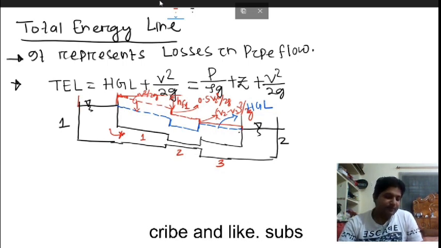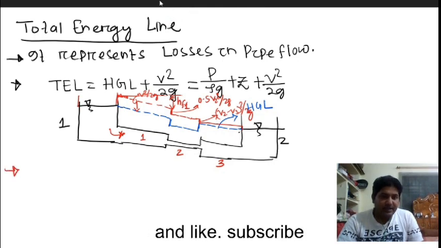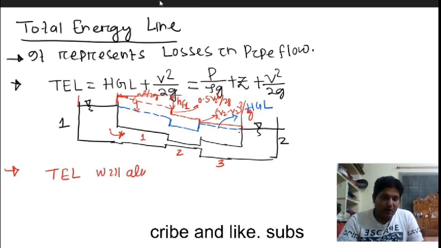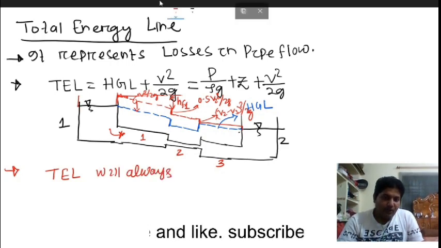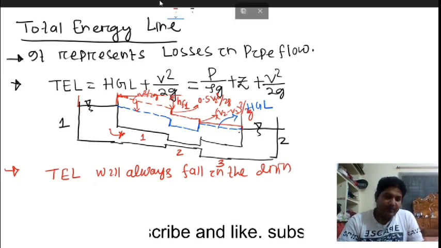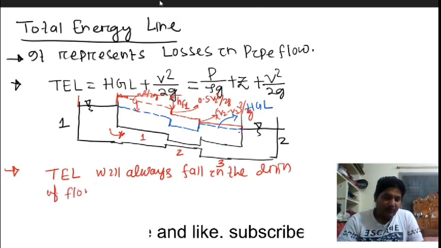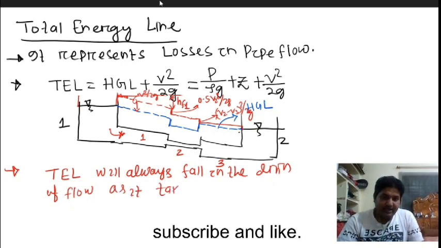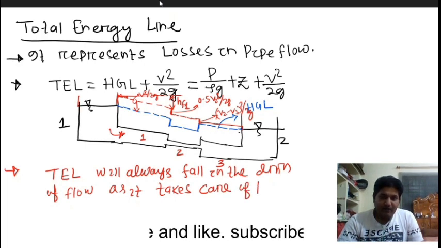So you write down that this total energy line will always fall in the direction of flow, as it takes care of losses. Underline this word, losses.